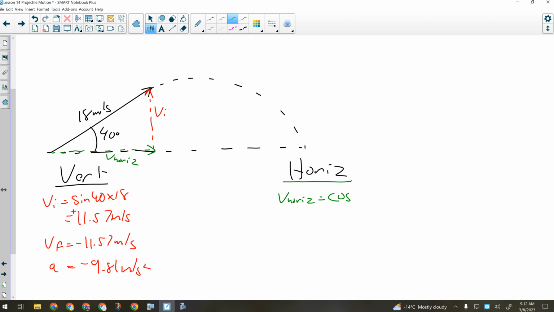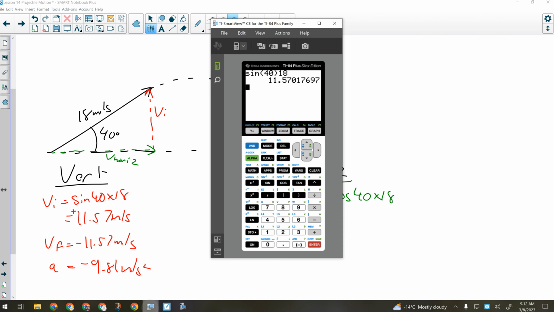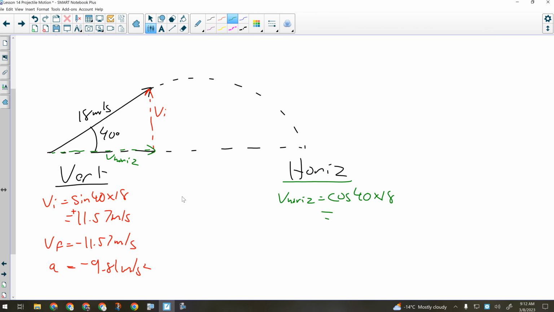It's the adjacent side of that triangle, so cos of 40 times 18. All right, so 13.79 meters per second, and I'm looking for the horizontal displacement.